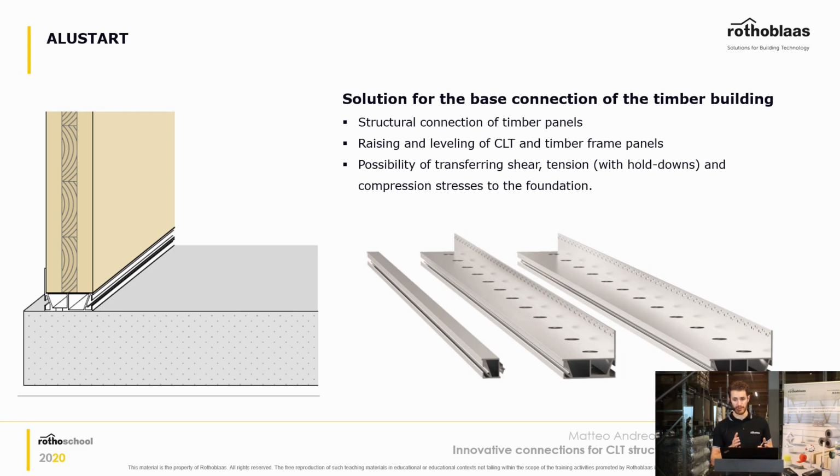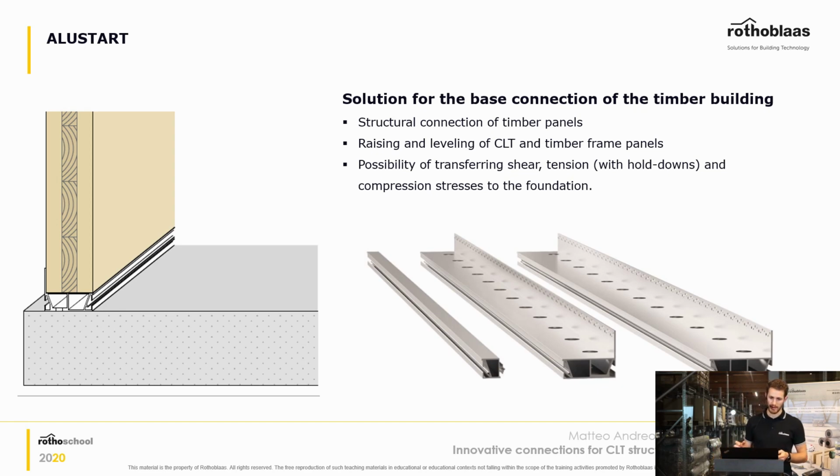Therefore, sometimes you have big issues because they are not perfectly aligned, and that's a big issue for connections, and also sometimes for the resistance of the wall, which is not bearing completely on the concrete wall.